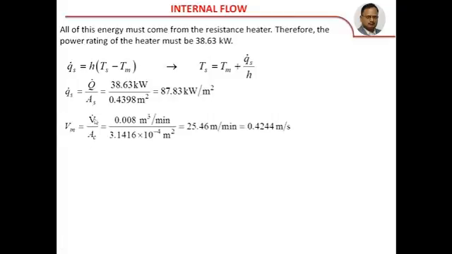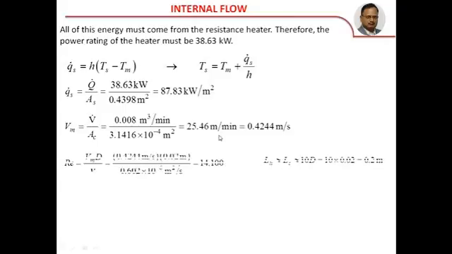You can also determine the heat flux Qs using the formula h into Ts minus Tm, where Tm is the bulk mean temperature. So Ts is Tm plus Qs by h. And Qs is the total heat divided by the surface area through which the heat is entering.